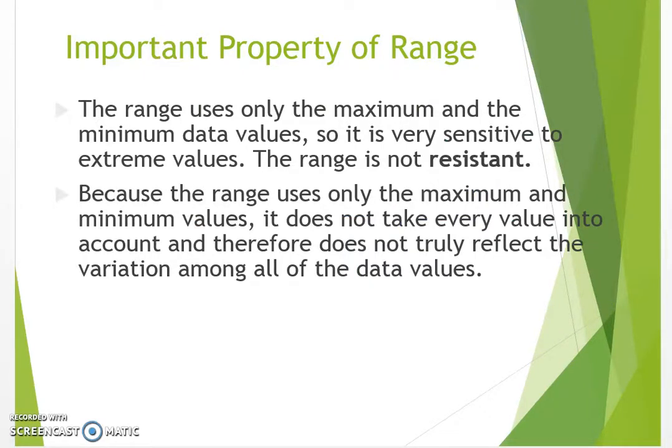We talked about in central tendency that the mean is not resistant to outliers, which is why sometimes we can't use the mean as a measure of center. Same thing here, range is not very ideal sometimes. The other thing we just mentioned, range only uses the maximum and the minimum. It doesn't take every value, so it has its shortcoming.